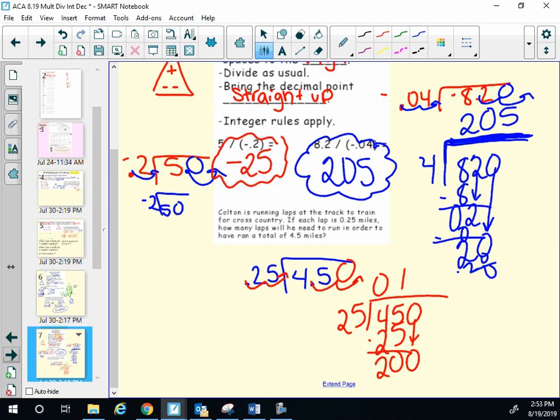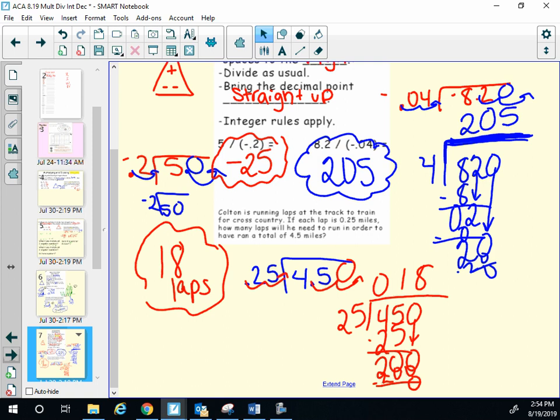You get quarters. How many quarters do you need to get to 200? 8. So my answer is 18 laps. He's going to have to go around the track 18 times so he could run that 4.5 miles. Questions?